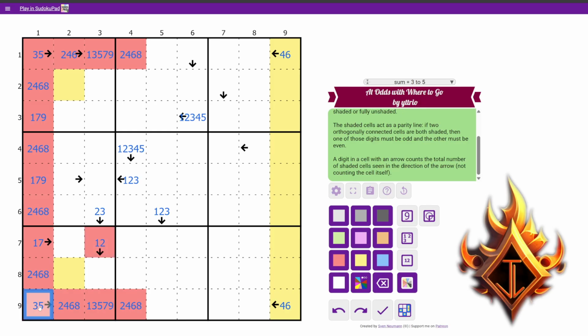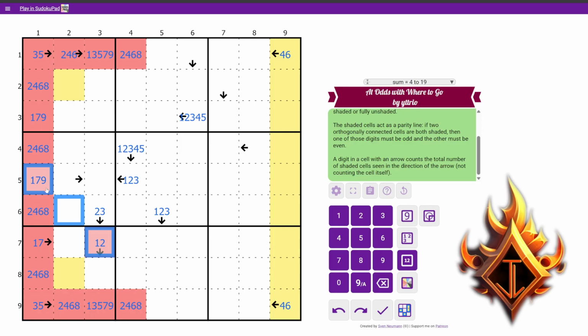Because it is on the odd diagonal. So, no matter where you start, like say we're here, I know this has to be odd because it's on an odd diagonal.